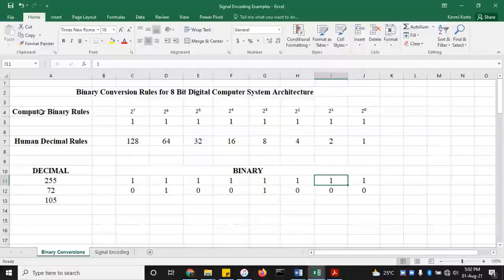So there are only 2 states, and those binary values come from the switching of voltage pulses or currents going through a circuitry, and it's either on or off.